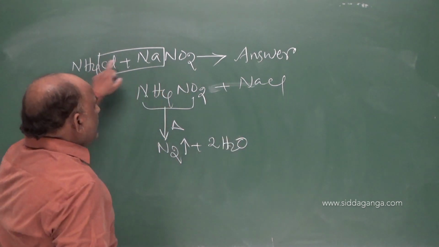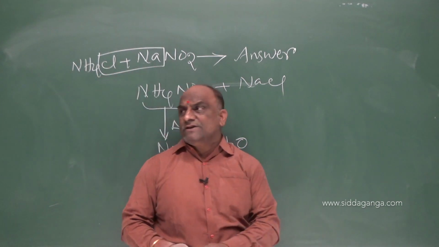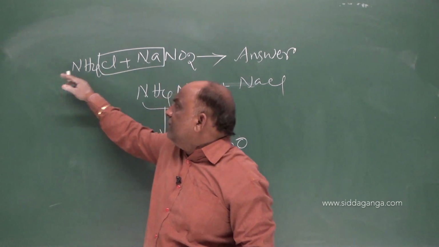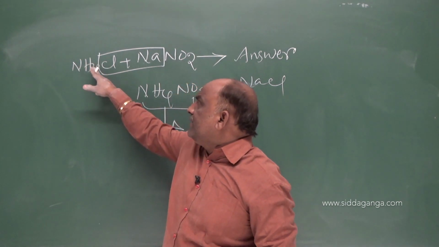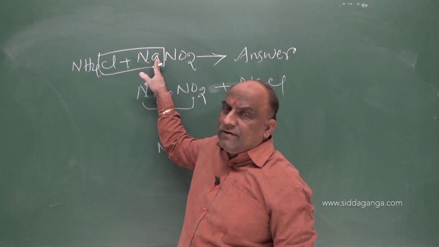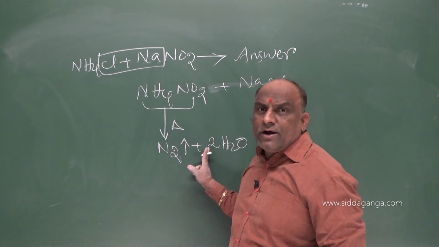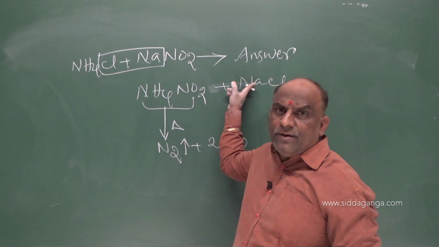In the NCERT textbook the equation is given like this. So for preparation of dinitrogen, ammonium chloride combined with sodium nitrite gives dinitrogen, 2 water molecules and sodium chloride.